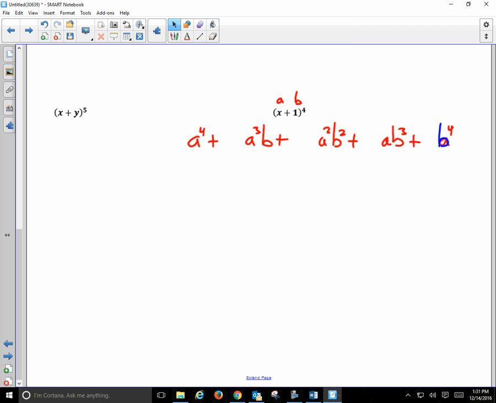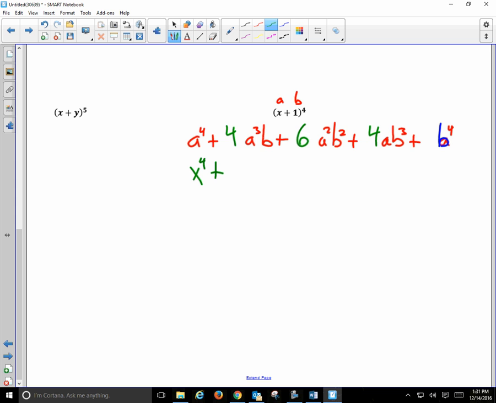All right, so what are our coefficients? I see the 4 here, and so I know that the second one and the second to the last are both going to be 4, so I just have to remember one more, and I do remember that's 6. It's pretty easy to expand that. But now I don't have an a or a b. I have an x, so instead a to the 4th will be x to the 4th.